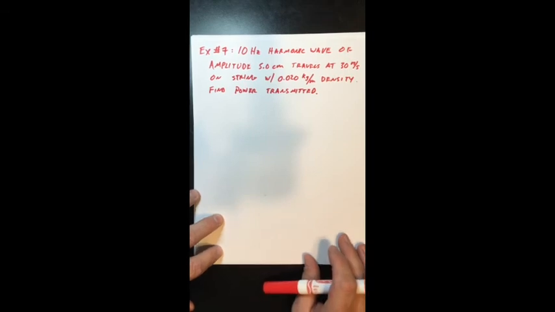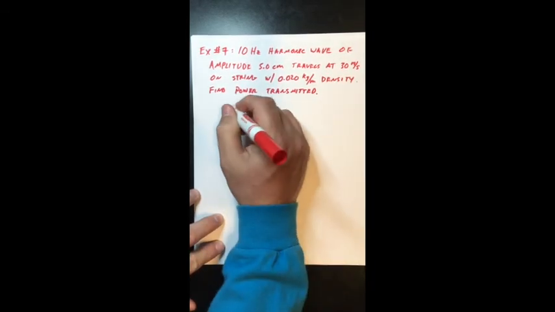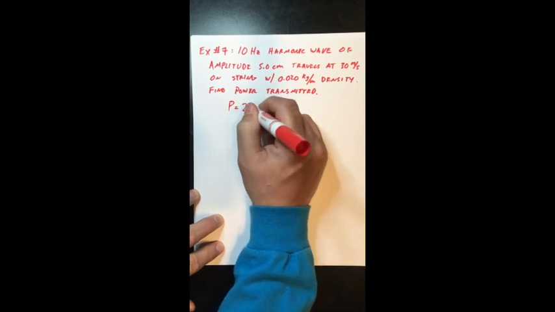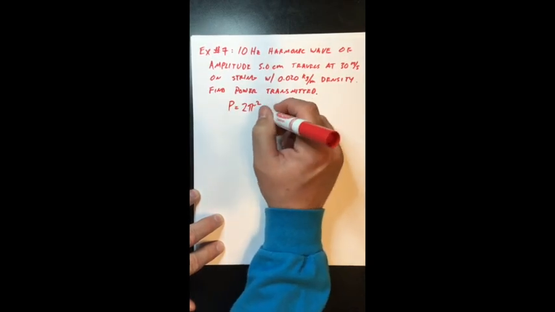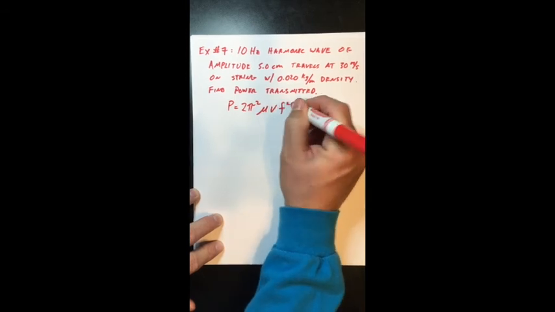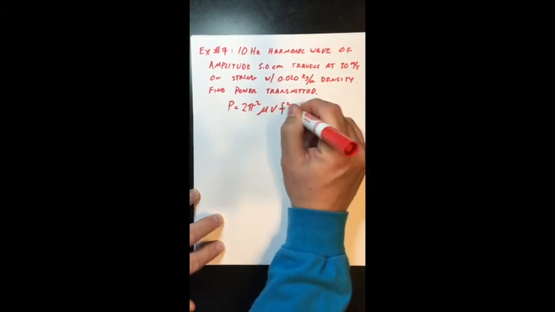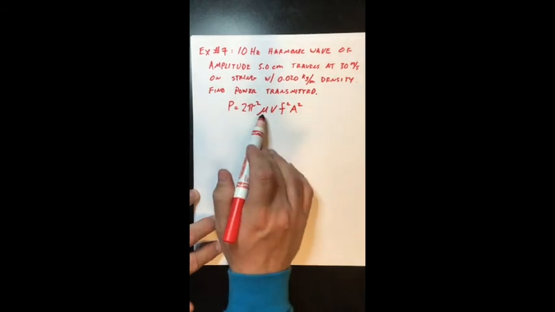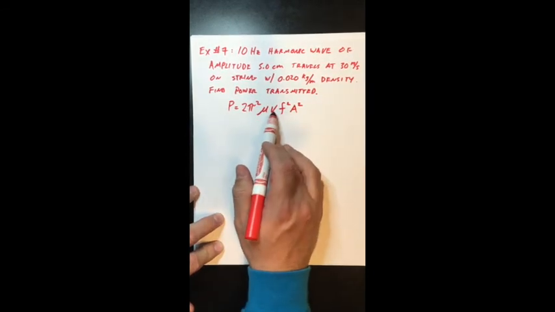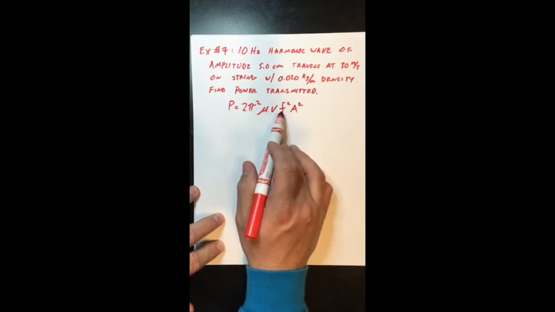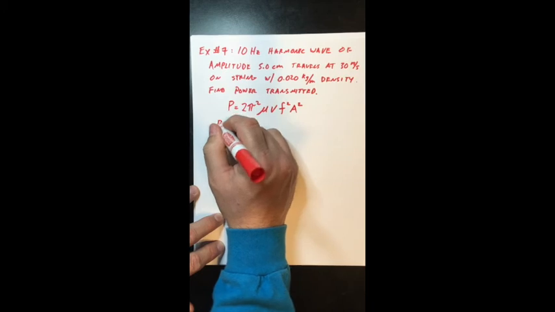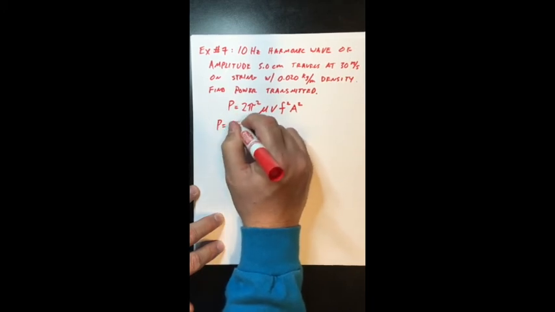Our formula for power is on a previous slide in the notes: 2 pi squared mu V f squared A squared, where mu is the mass density, V is the wave speed, f is the frequency, and A is the amplitude. We have all of these pieces provided for us.